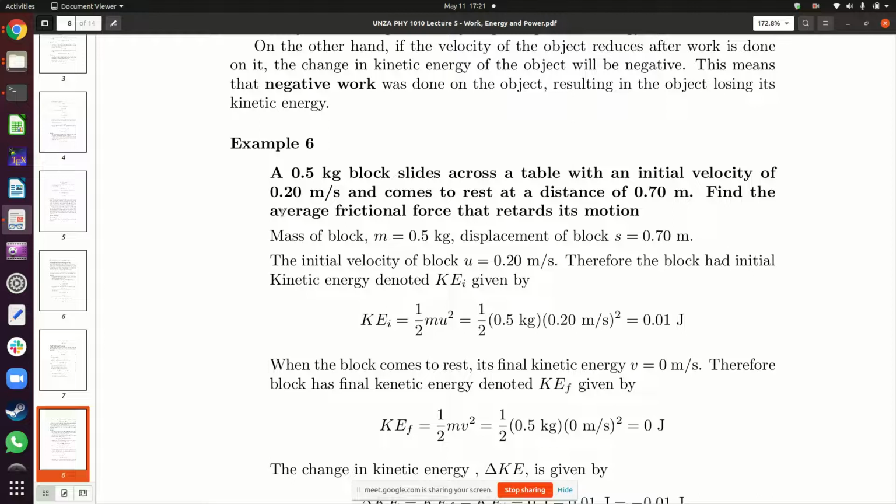So we want to find the frictional force. Clearly, because of the reduction in its velocity, we can see that this particular object has lost kinetic energy. So we can work out how much kinetic energy it had and how much kinetic energy it has after it has come to a stop.